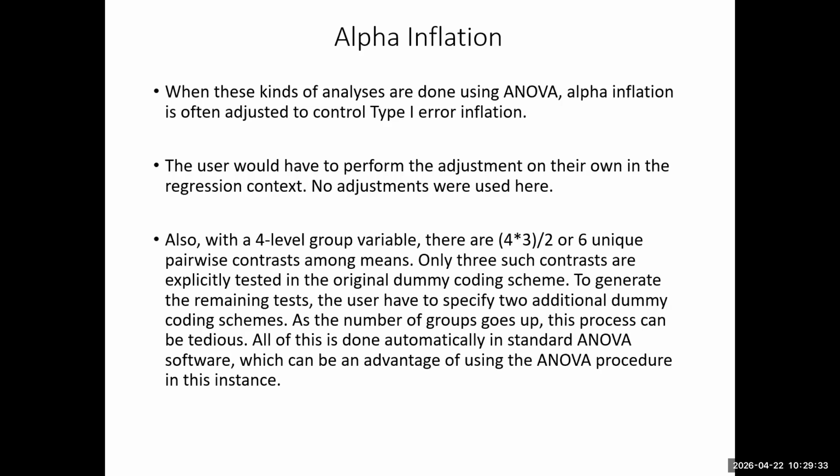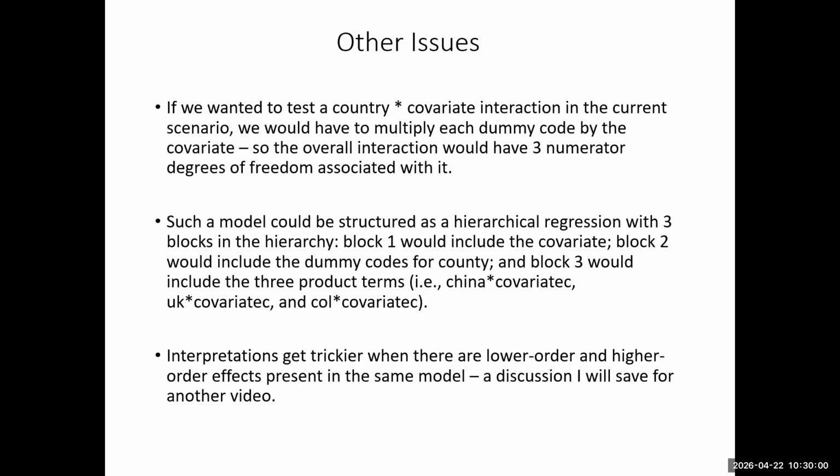In order to get explicit tests of the remaining pairwise contrasts, we would have to create, in this case, 2 additional sets of dummy codes to represent all of the unique information. And obviously, as the number of groups gets larger, this process can become tedious, which some might think is an advantage of using the ANOVA software for models like these.